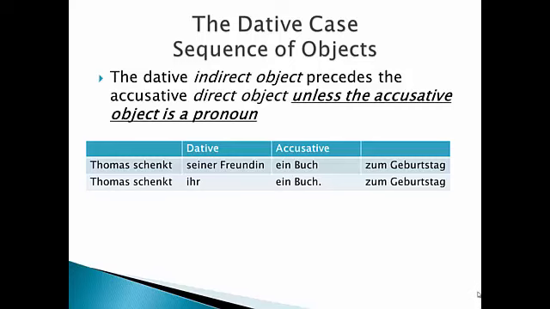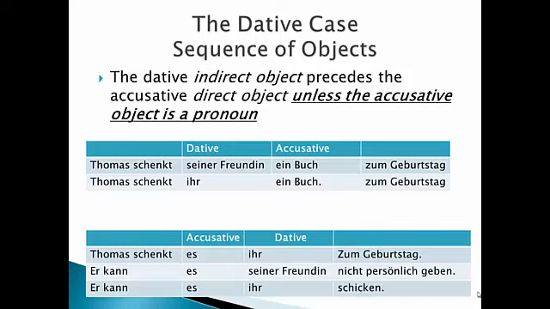So taking this another step further, we now make the accusative direct object ein Buch and express it as a pronoun. Thomas schenkt es ihr zum Geburtstag. And a few additions here. Kann es seiner Freundin nicht persönlich geben. Okay. Kann es ihr schicken. So he can't give it to her personally, he can send it to her.